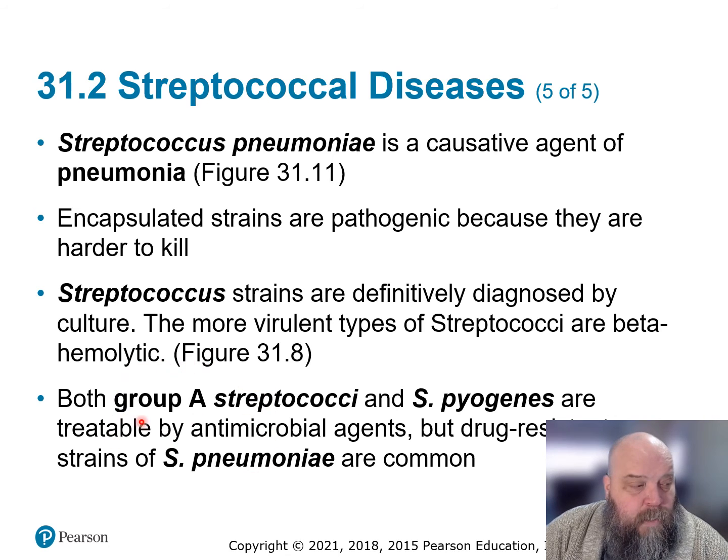Because honestly, what you really just need to know is whether it's a group A strep. It turns out most of the antibiotics that work on Streptococcus pyogenes are going to work on strep pneumoniae. Streptococcus pyogenes isn't going to cause a deep pneumonia in the lungs, just as pneumoniae is not going to cause a skin infection. So they really need to know, is it group A, group B, whatever, and then they test for drug resistance.